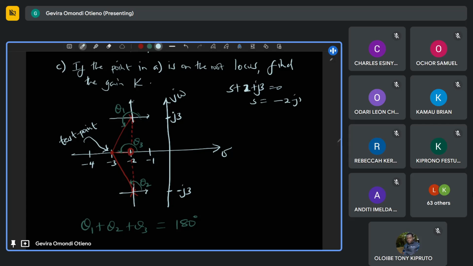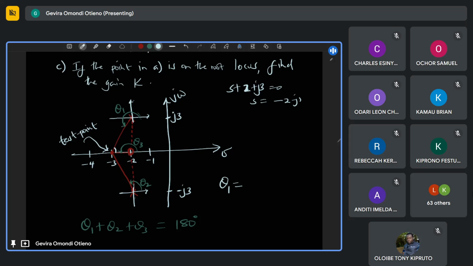Good. So let's see if we can obtain the angles. Let's start with θ1. What is θ1? θ1 is easy. What we can do is get this angle here, because if we get that angle, it should be the same as this angle. This is like an isosceles triangle, because these are complex conjugates.